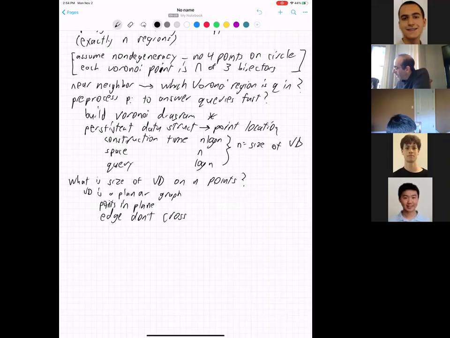Now, in a general planar graph, you can draw the edges curvy, and this is still a planar graph. In the Voronoi diagram, by the way we constructed it, the edges are all straight. But that's just a special case of a planar graph. Okay. Now, I'm going to add a so-called point at infinity.